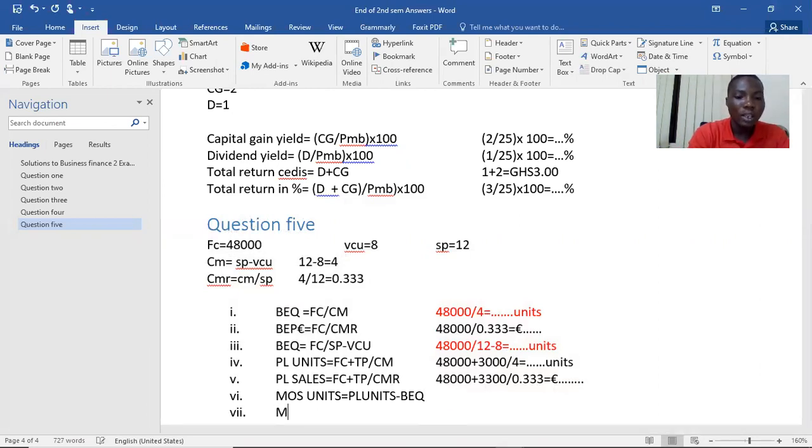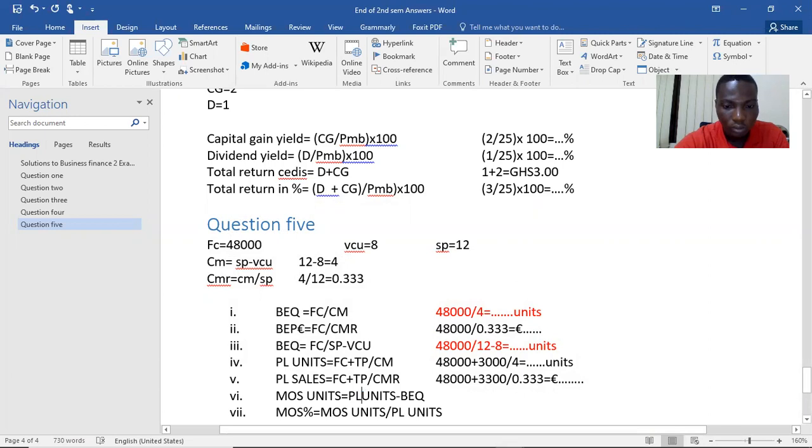They can ask you to find the margin of safety in percentage, which is equal to your margin of safety in units divided by the profit level units. Simple.